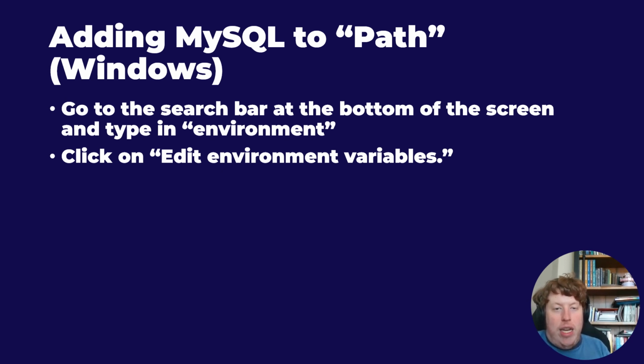And now we're going to add MySQL to the path environment variable, and obviously, in my case, I'm using Windows. The steps will be different if you're using Linux. So first go to the search bar at the bottom of the screen and type in environment, and then click on Edit Environment Variables.